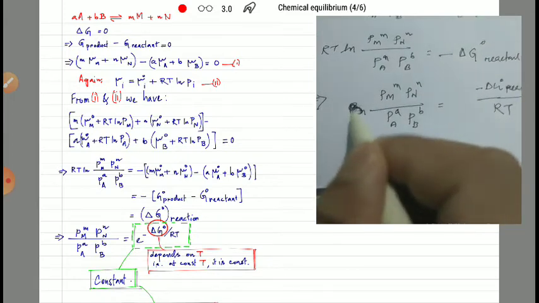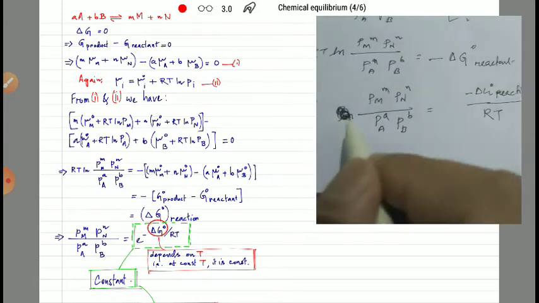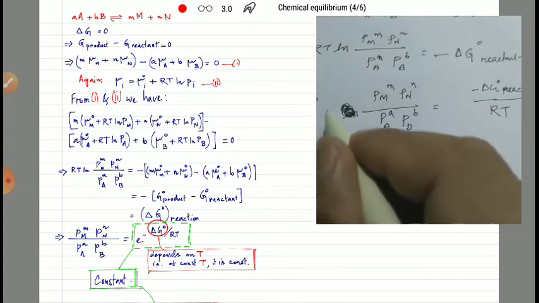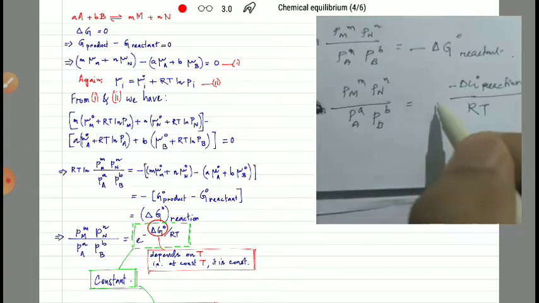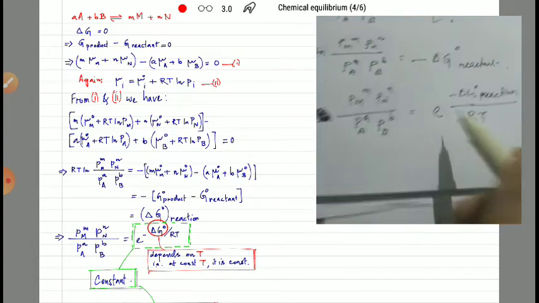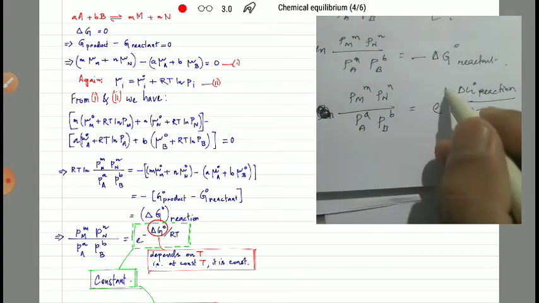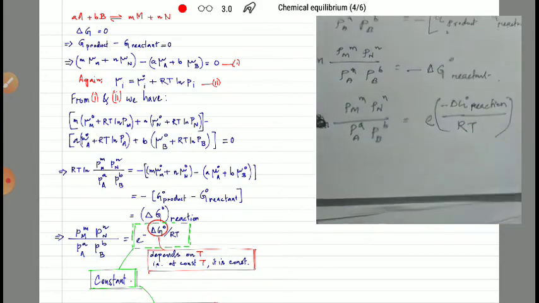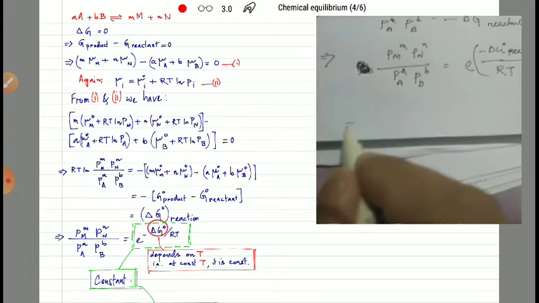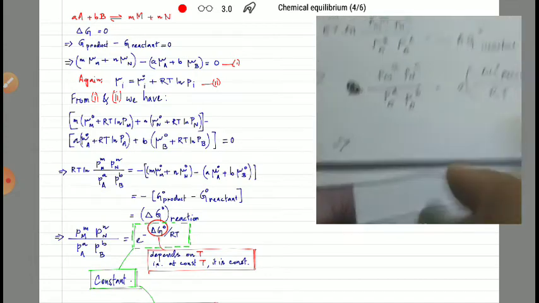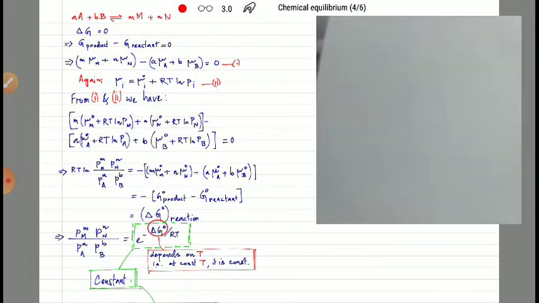But if you multiply with e, then this e will cancel this ln, and here you have to write e, that means exponential. So it is exponential to the power this one. Let's write this one properly.